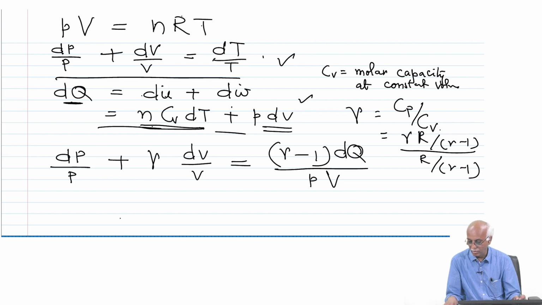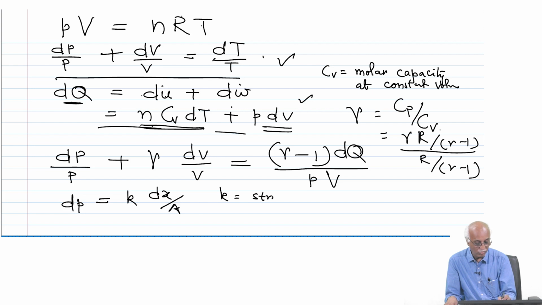Now, dP is related to the volume change in the cell. It is also related to k dx by A. k is nothing but the spring constant, or spring constant in the case of a cantilever beam.